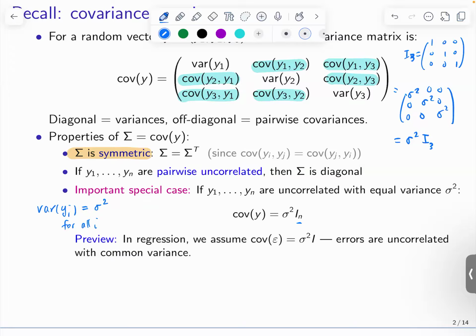So the covariance matrix would be a scaled multiple of the identity, and that scale would be sigma squared.